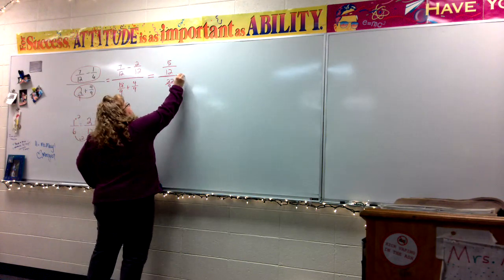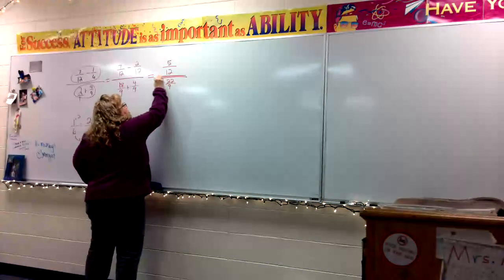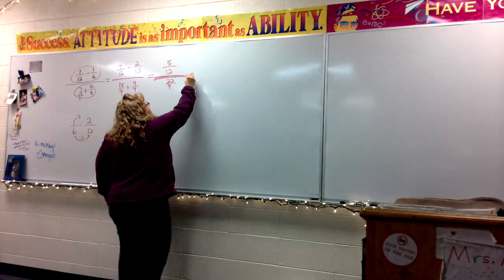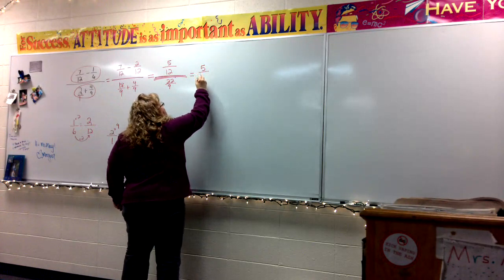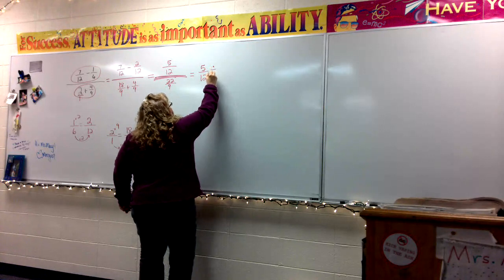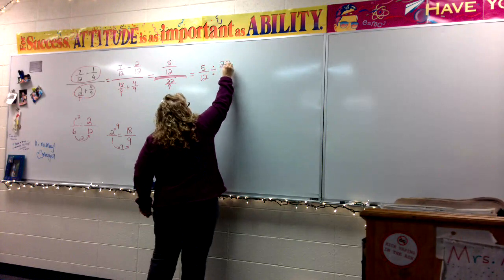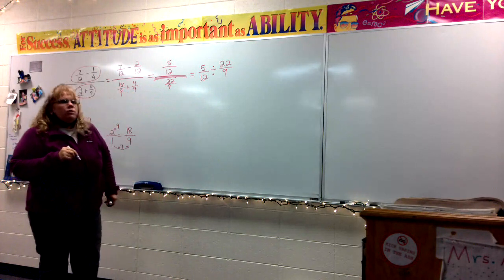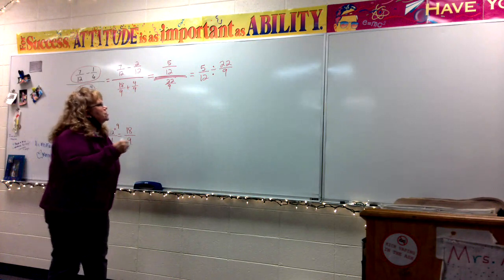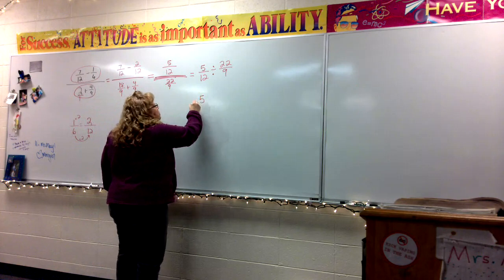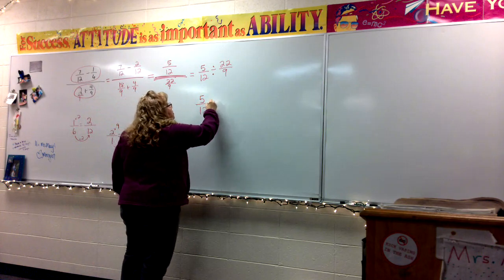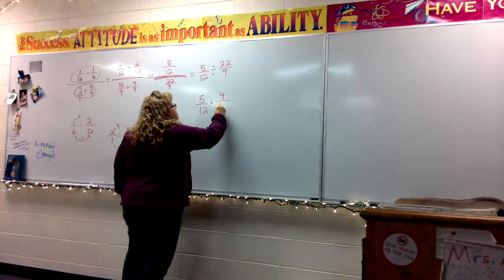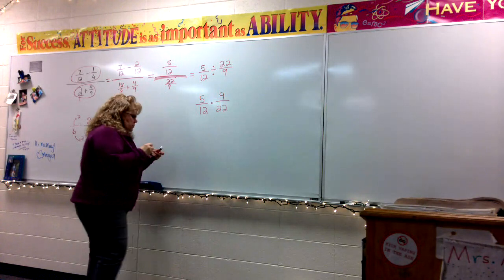And now, what does this line mean? So really, isn't this 5/12 divided by 18/9? What do you do when you divide fractions? Multiply by the reciprocal of the second one.